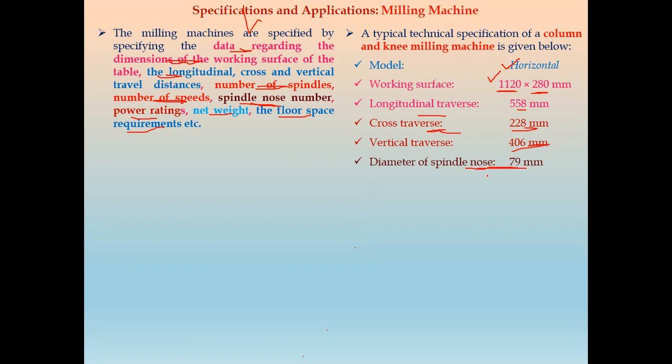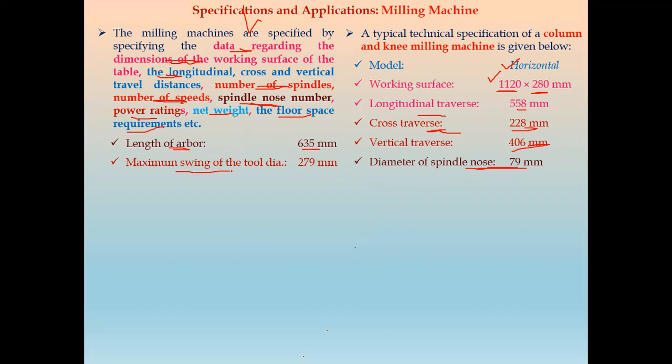Up to 79 mm of diameter, we can have different types of milling tools fitted. Next one is the length of arbor. As it is a horizontal machine, we require an arbor. The length of arbor is 635 mm.